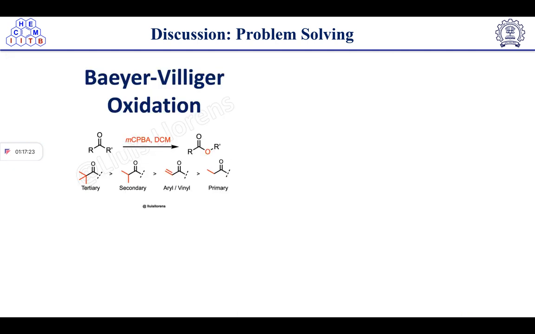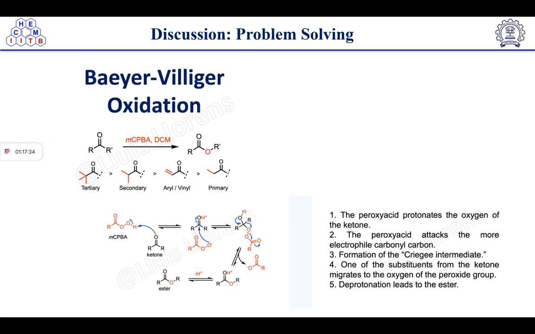The next one is Baeyer-Villiger oxidation. So MCPBA is a well-known reagent for epoxide formation. All of you know this one. But here, this is a Baeyer-Villiger oxidation where the epoxide formation is not taking place. Whenever we have a double bond, MCPBA will act as an epoxidation reagent.